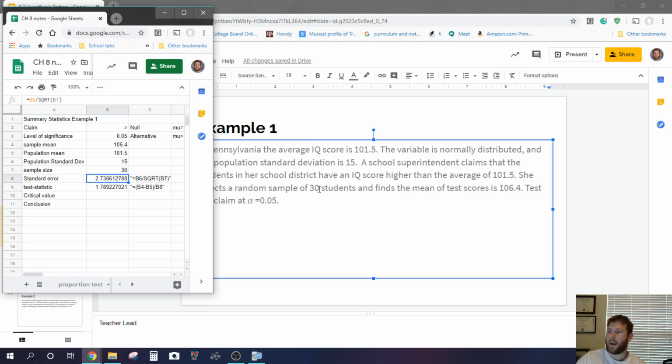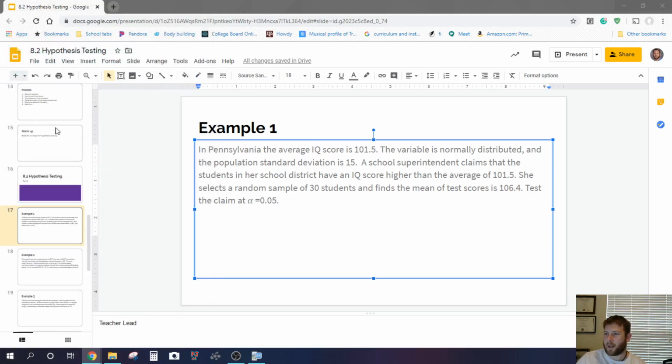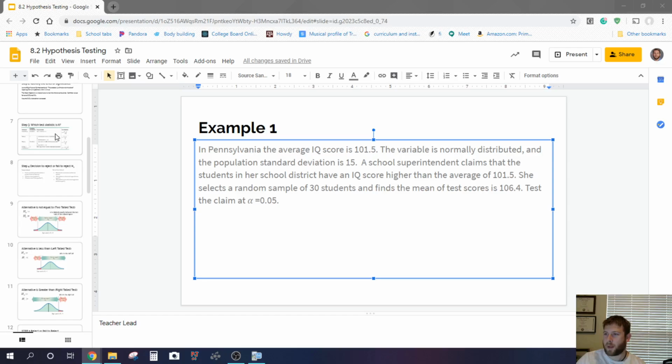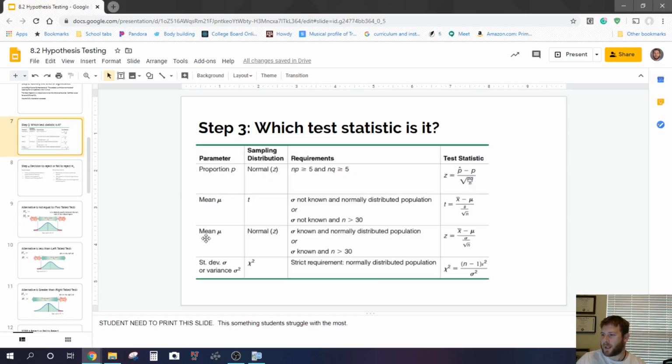And I went ahead and have these formulas written out already. Standard error, let's go back to our formulas. Since we're doing a z, this bottom part of the denominator, standard deviation divided by the square root of the sample size, is our standard error.